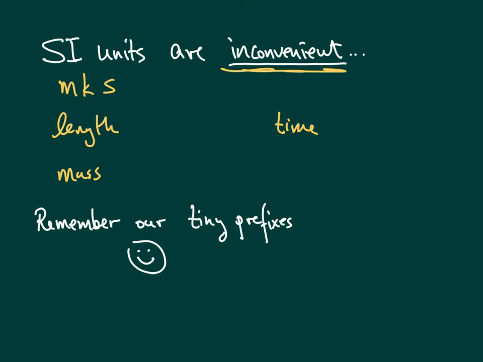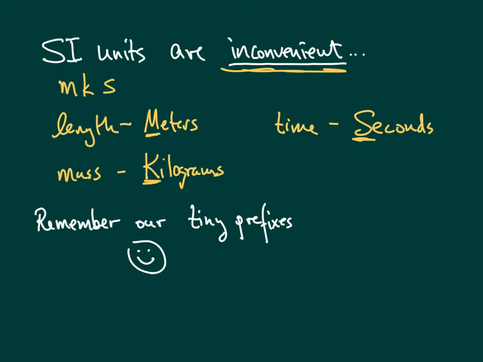It's called MKS because the length is always meters, the mass is always kilograms, and the time is always seconds.